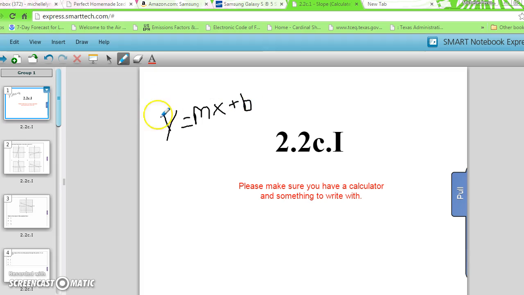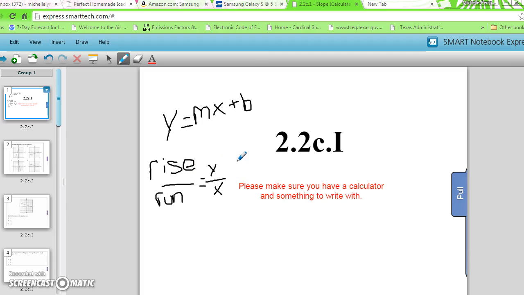Remember, m is your slope, and it's rise over run, which also equals y over x. So your rise, you're up and down. If you're looking at a coordinate plane, that's your y-axis. And then your run is left to right, and that's your x-axis.